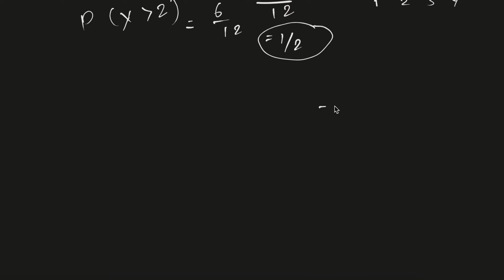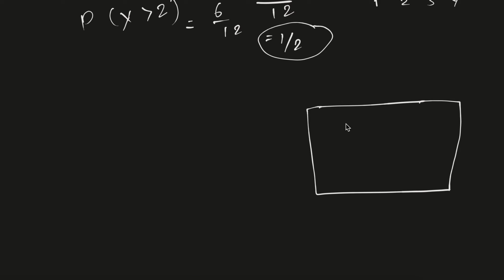Now let's say I'm given a diagram which also holds some sample spaces. So let's say I have A here and I have B here.